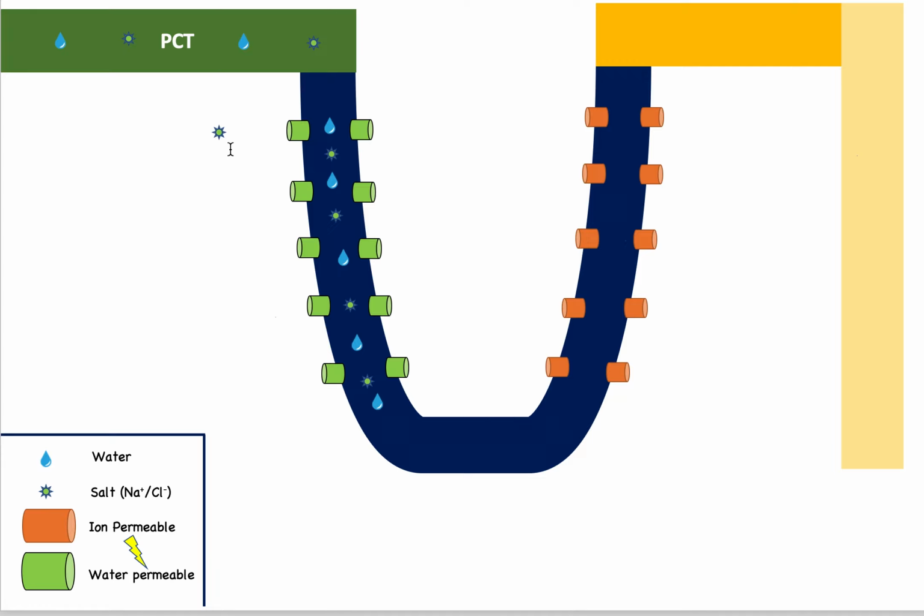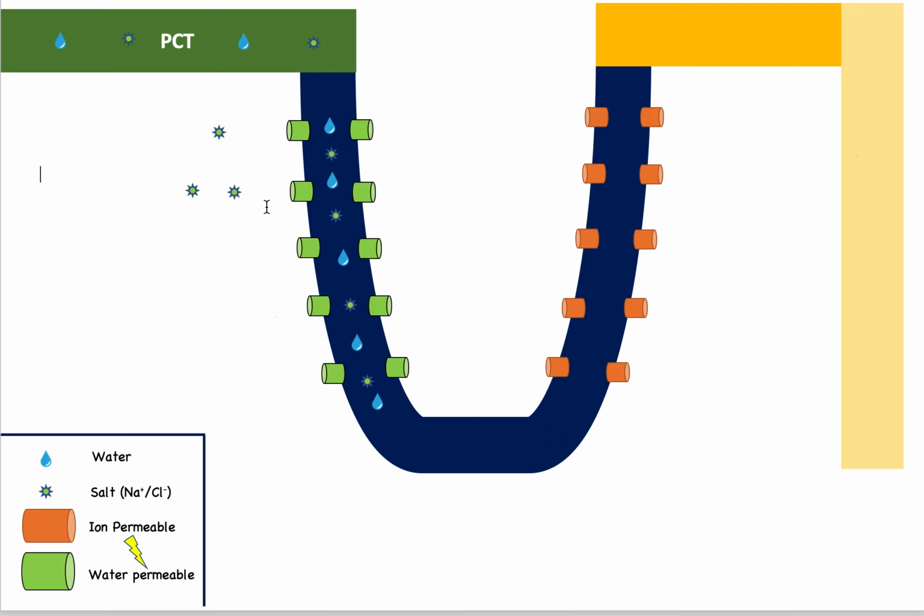So now here I put 1 ion because at this level, the outside is not that concentrated. All around, it's a very small concentration of ions. Now as we move deeper into the loop of Henle, it becomes slightly more concentrated.